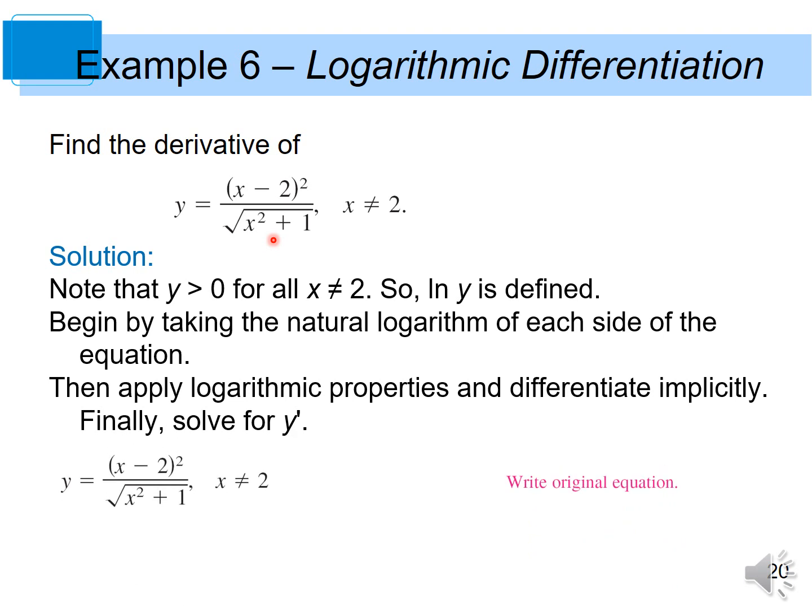Look at the procedure. Write the original equation and apply natural log on both sides. Because the right side is a division, a rational function, we can use the natural logarithm property.